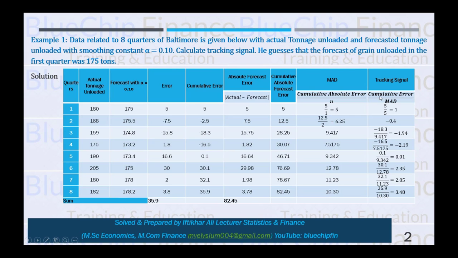Now your last step is to track the signal, which equals cumulative error divided by mean absolute deviation at the individual level.